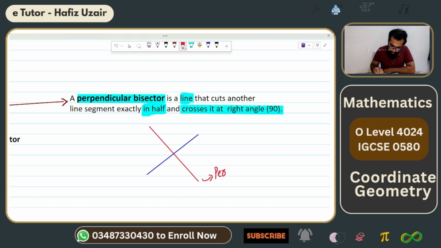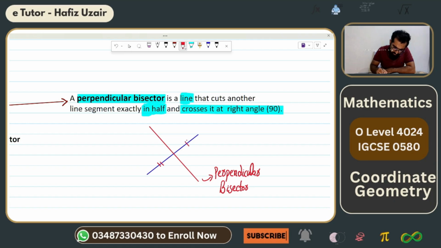It will cut this line into two parts, so these two lengths are the same. That means the perpendicular bisector of a line is passing through the midpoint, because it cuts exactly in half, so it will pass through the midpoint.